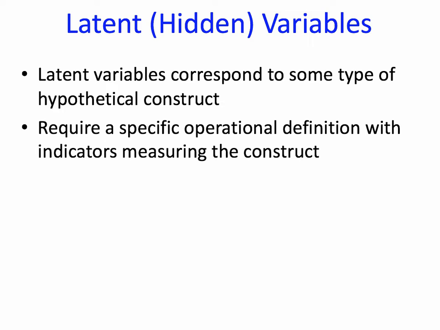Quality of life. We say quality of life exists, right? This is a concept that us scholars come up with. But how do we measure one's quality of life? Okay, so this is considered a latent variable. We have to come up with indicators that, as a culmination, come together to measure quality of life.